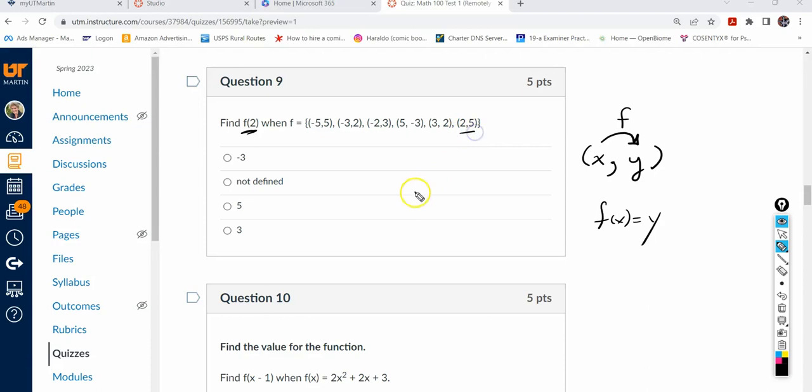And here it is. So that's a point on f, and what f does is it maps the x-coordinate into the y-coordinate, so f evaluated at 2 for this one is equal to 5. So I want to put 5 in there.